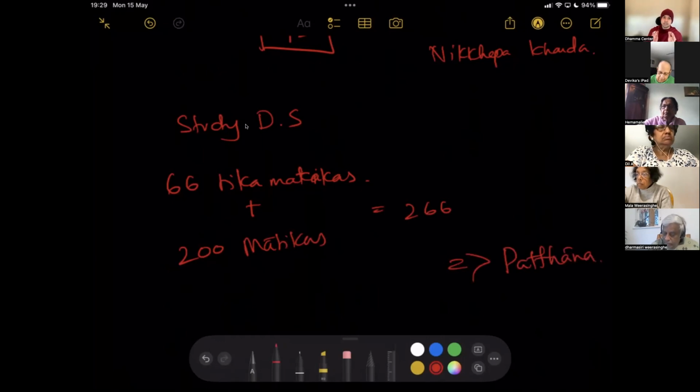Any person that goes through the 266 Tikamatikas and Dukkamatikas would have the understanding that they need to delve into the deep subject of the last book of Abhidhamma. Is that understood, everyone? And that is what we are going to be starting our study with, the Dhammasangani.